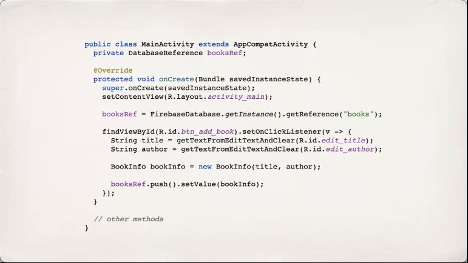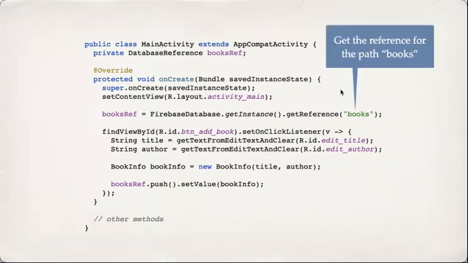So some changes to the main activity's onCreate. We grab the book ref, a new reference with the path books now. Earlier we did message, now we want to do books, which will hold a list of books as we add, right?